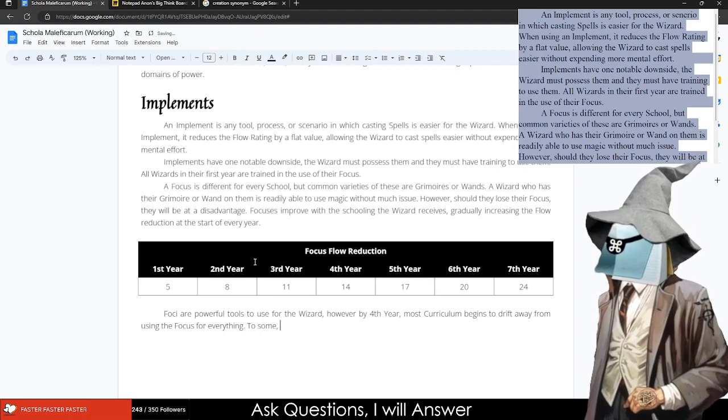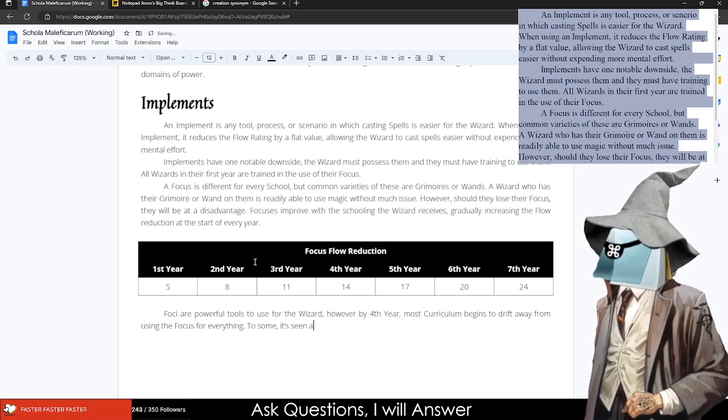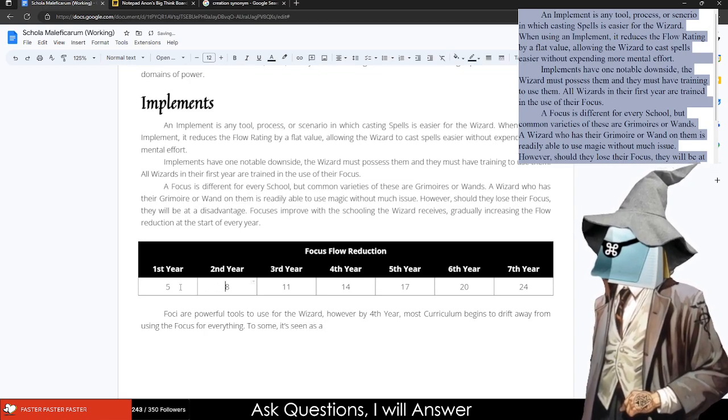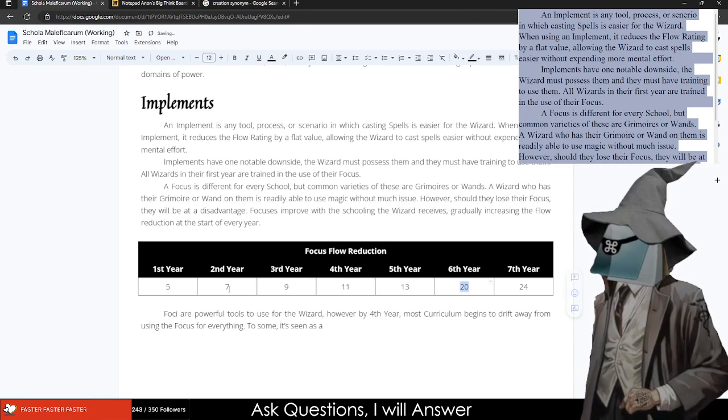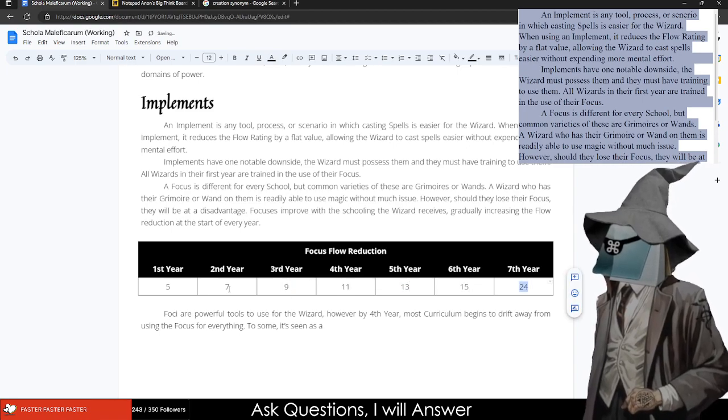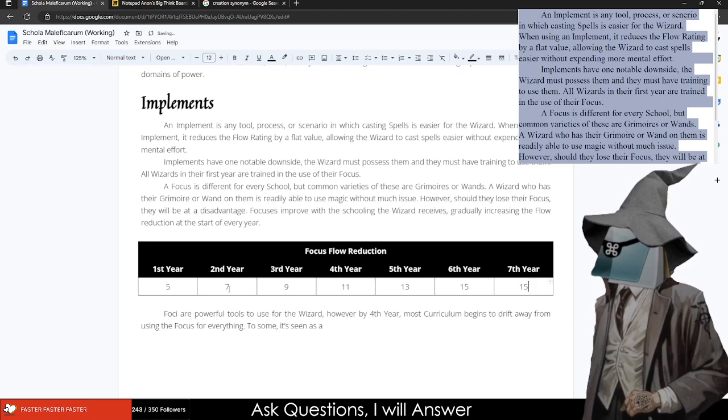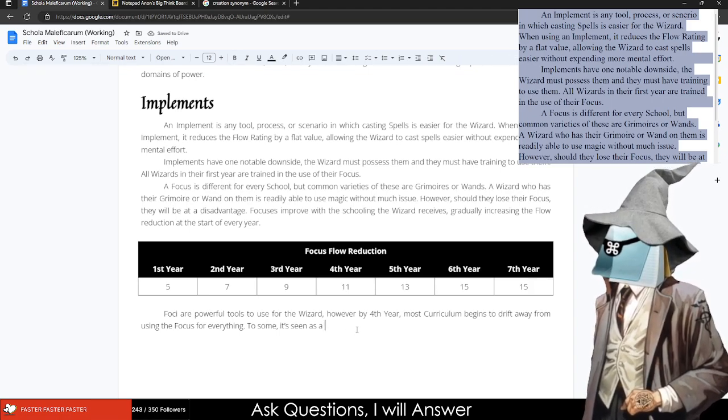To some, it's seen as a... actually, if we want to represent that it's a kind of a crutch, we do that.